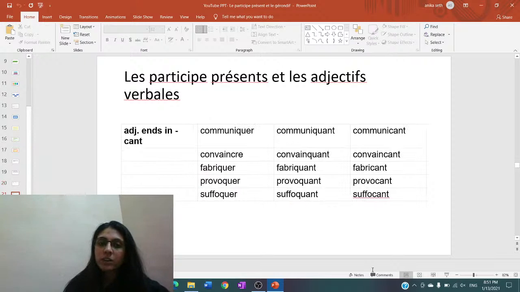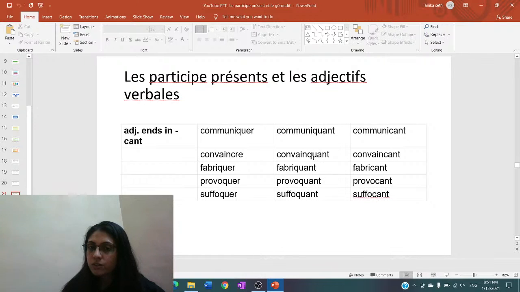Now the adjectives which end with cant. A verb like communiquer. The present participle form is communiquant, because when we remove ons and put ant it becomes the present participle. But here instead of quant we put cant. So this becomes the adjective. Quant is replaced by cant. Then convaincre.